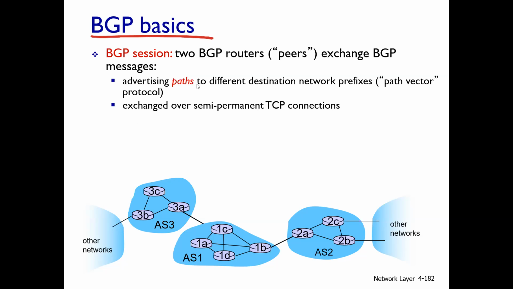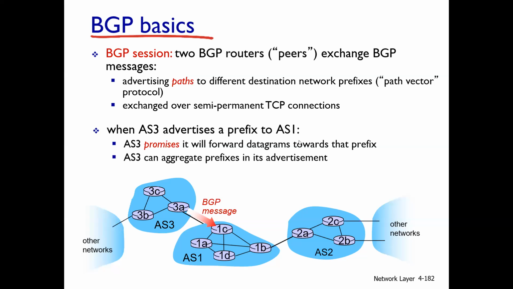So these paths to different destination network prefixes, or in other words, these routes, are exchanged over semi-permanent TCP connections. So these routers have TCP connections through which they are going to exchange these BGP messages, so that reachability information about which destinations you can reach is actually exchanged.